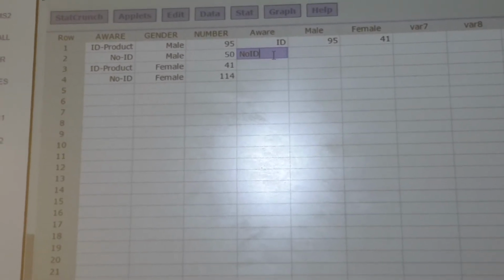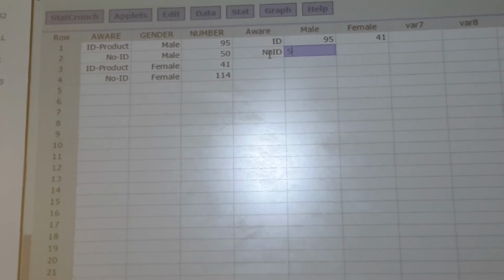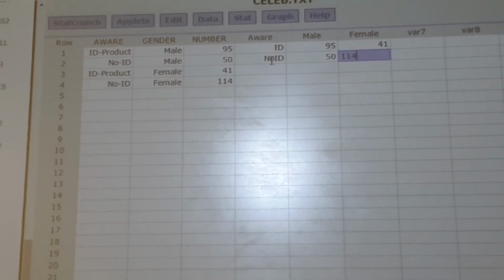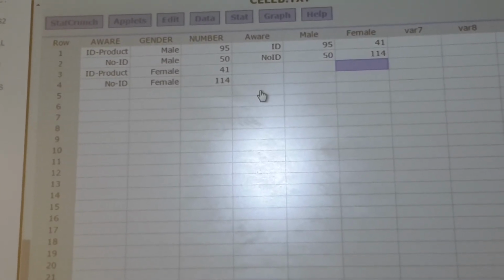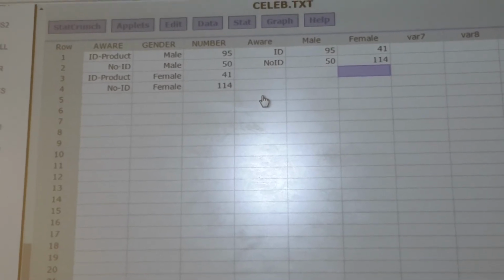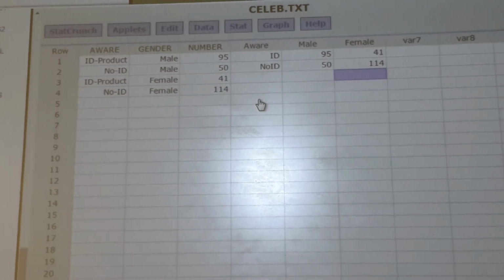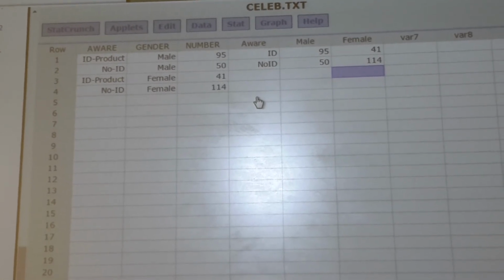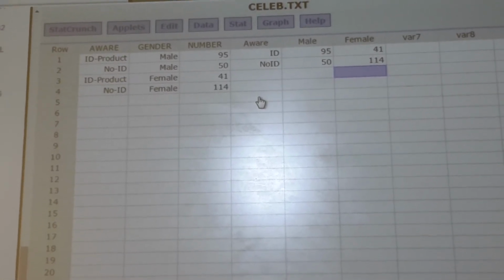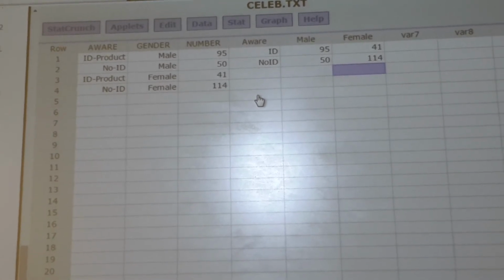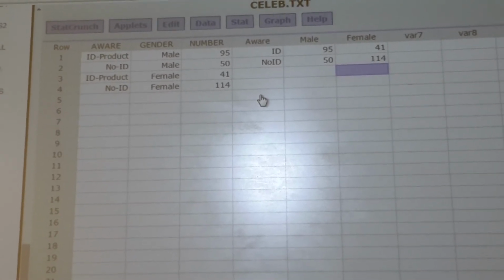And for not being able to identify the product, 50 males could not, 114 females could not. So it appears that there is some interaction here between gender and whether or not they were able to identify the product. What we want to do is a statistical test to see if that bears itself out.